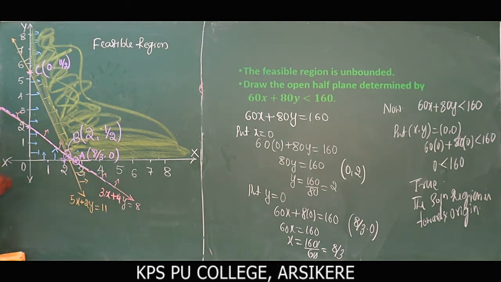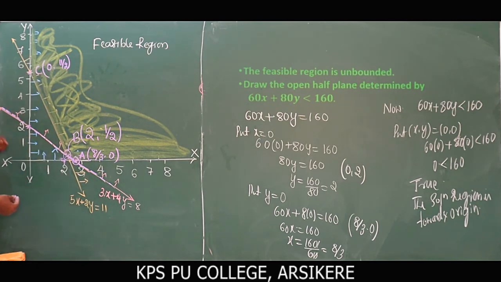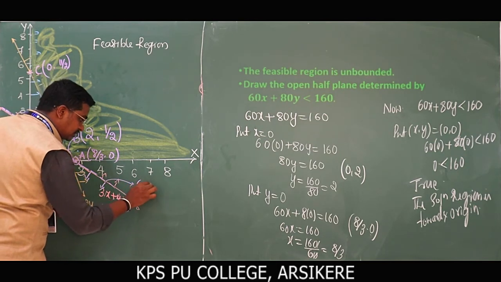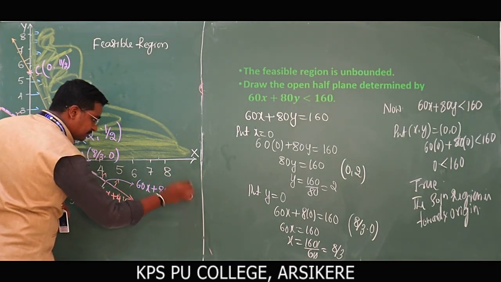This is the case. Now when I substitute x is equal to 0 and y is equal to 0 in the inequality 60x plus 80y less than 160, the solution region is towards the origin. See, the dotted line represents the inequality. What is the inequality here? 60x plus 80y less than 160.